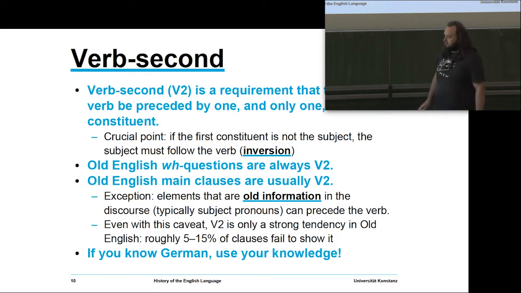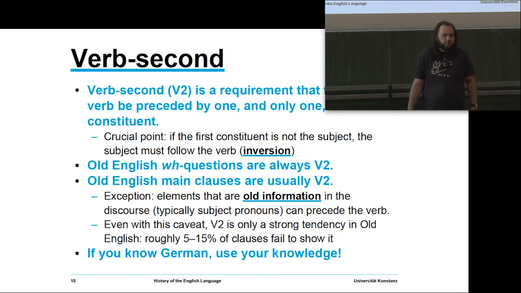But there are exceptions. The main exception is that elements that are old information in the discourse can precede the verb. I'll give you an example of this soon. Typically, these are subject pronouns. So typically, subject pronouns can escape verb second, and then you have two constituents before the finite verb.